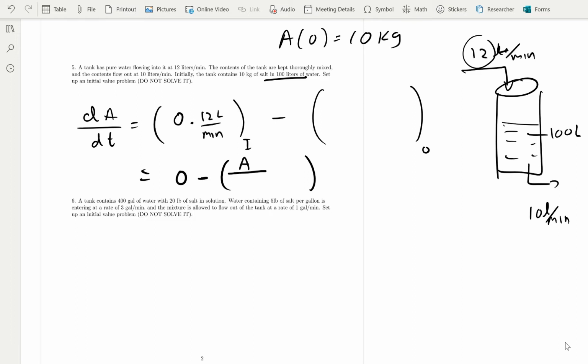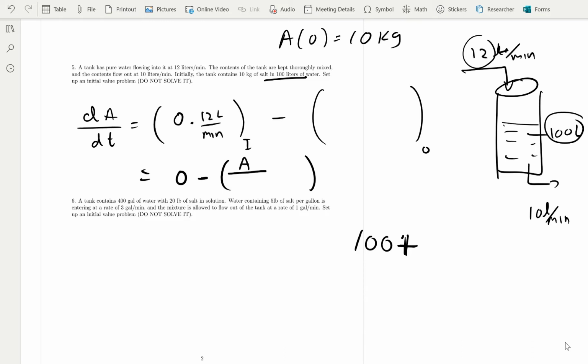So you are adding 2 liters every minute because the inflow rate is higher than the outflow rate. So the volume is changing. So volume is a function of time because it's changing with time. So the volume is no longer just 100 liters. It's 100 plus, because you are adding water, right? Because the inflow is higher than outflow, you are adding water.